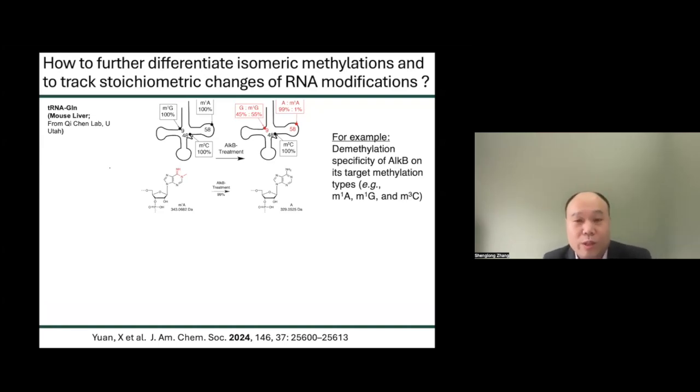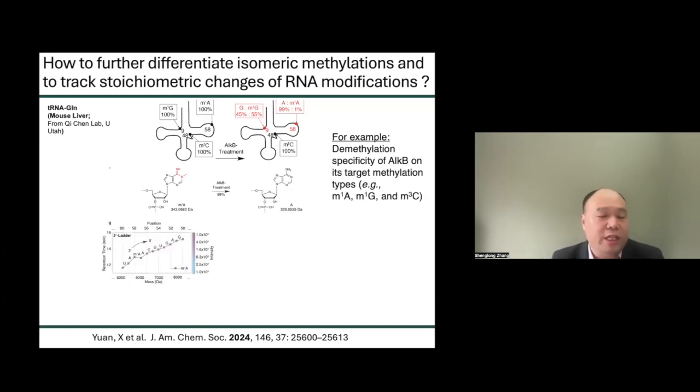Here, we just want to talk about our efforts. We worked together with Dr. Chen Qi's lab. We take advantage of the specificity of the ALKB enzyme. It is only going to selectively demethylate these methylated nucleotides. Before ALKB treatment, we can see this one curve, corresponding to methylated A at position 58.